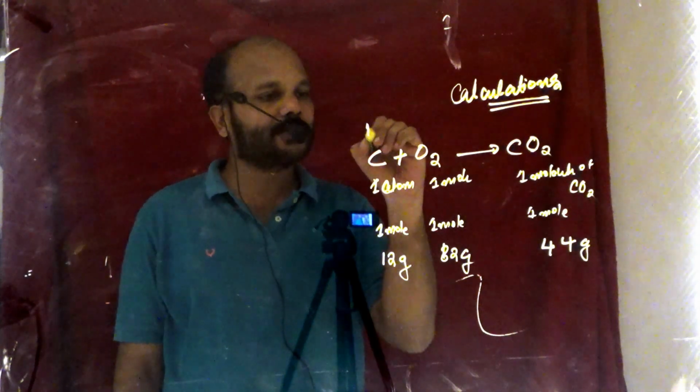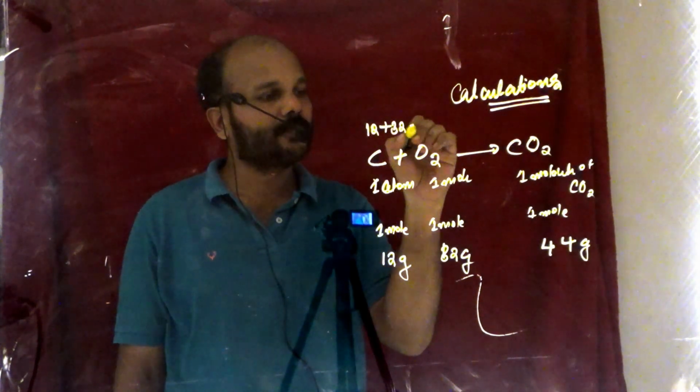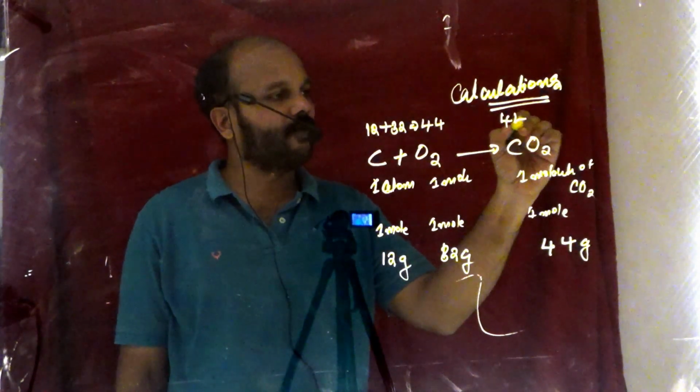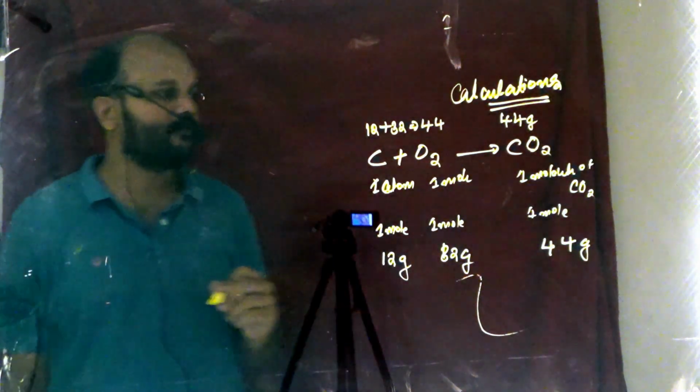What is 12 plus 32? This is going to be 44. How much carbon dioxide is formed? That is also 44.